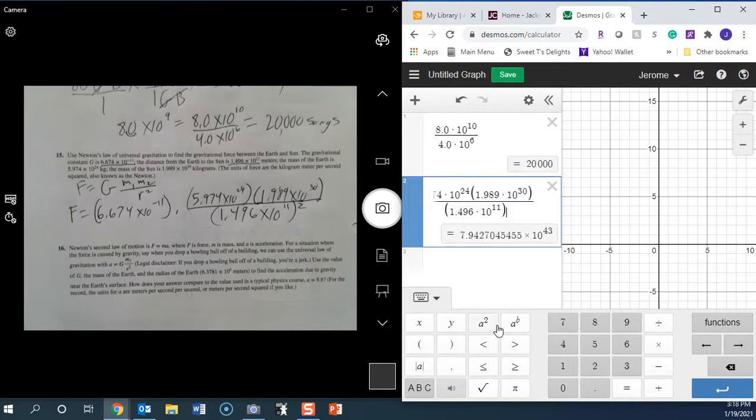Close that parenthesis, and then square the parenthesis. So now, if you notice here, our answer, hold on, let me make sure that I didn't leave anything out. Okay, put that in parentheses too.